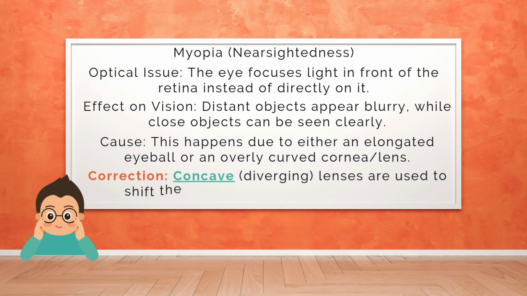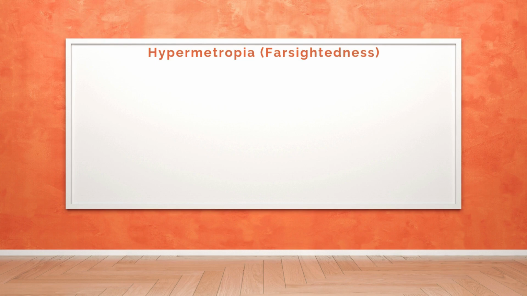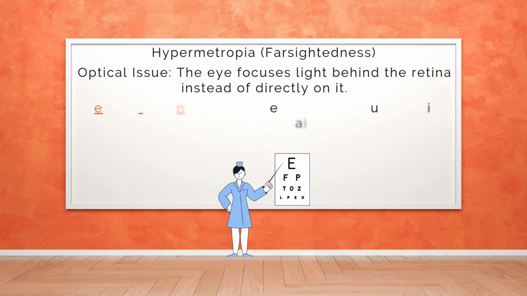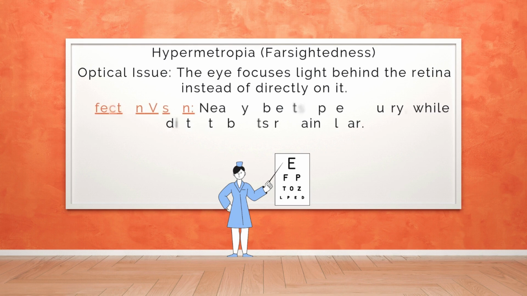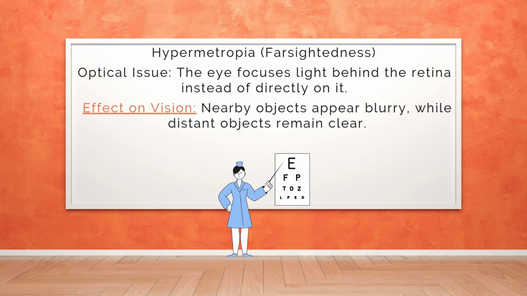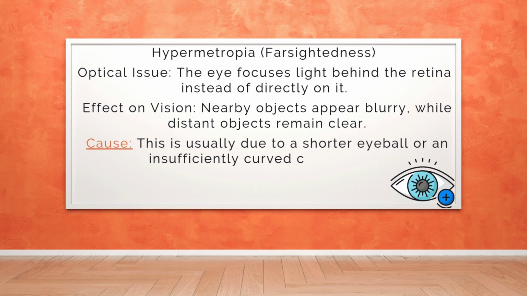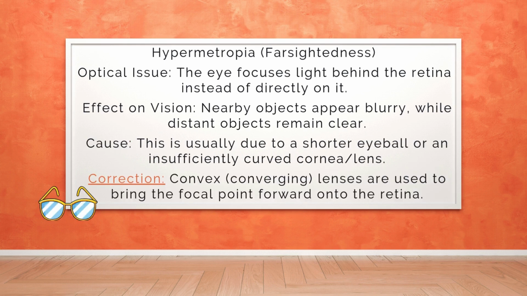Concave lenses are used to shift the focal point back onto the retina, whereas in hypermetropia, the eye focuses light behind the retina instead of directly on it. Nearby objects appear blurry, while distant objects remain clear. This is usually due to a shorter eyeball or insufficiently curved cornea or lens.